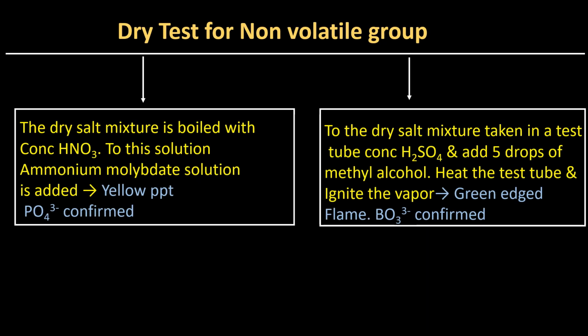The dry salt mixture is boiled with concentrated nitric acid, and to this solution ammonium molybdate solution is added. If you get the yellow precipitate, then phosphate is confirmed. So what is happening here?